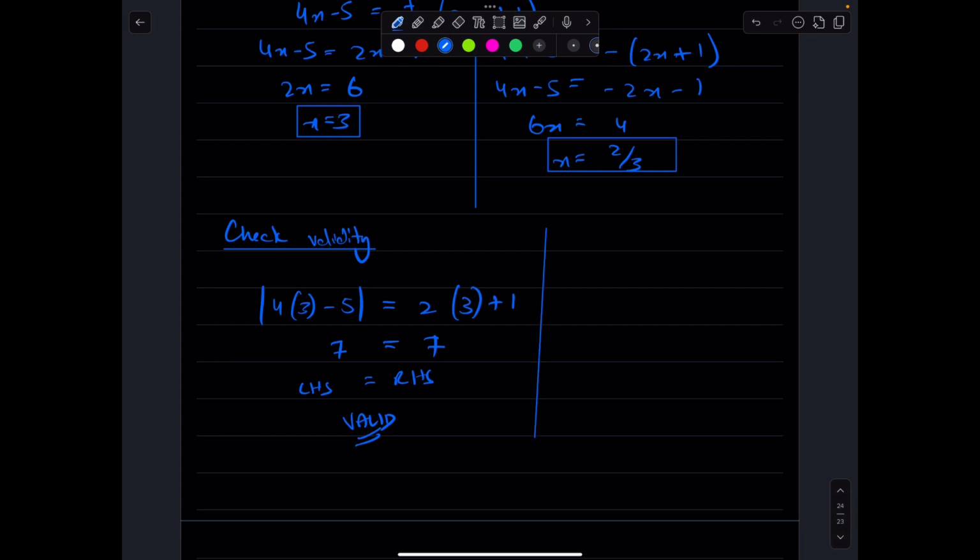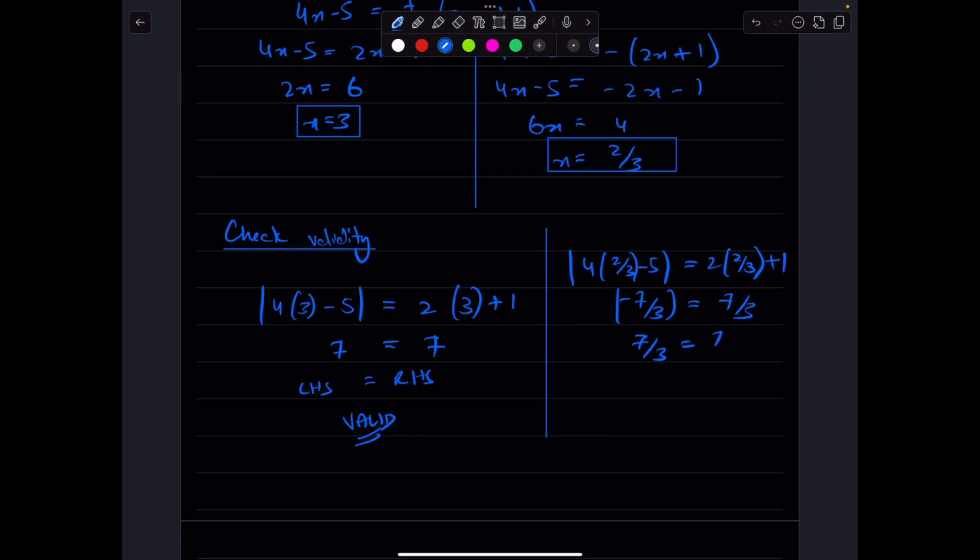Now, for the second answer, we'll do the same thing again. So, 2 over 3 minus 5 whole modulus, and substitute it on the right hand side, and we'll get modulus of minus 7 over 3 equals modulus of 7 over 3, and this turns out to be positive since this is inside the modulus.